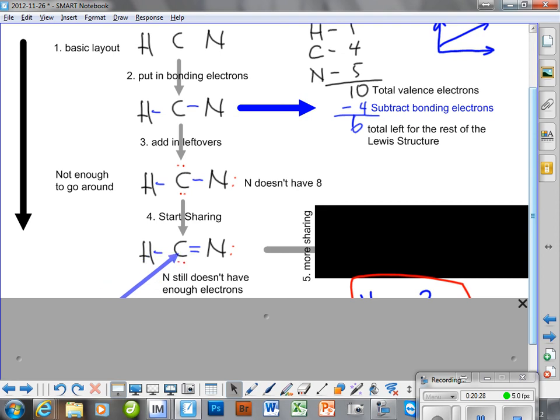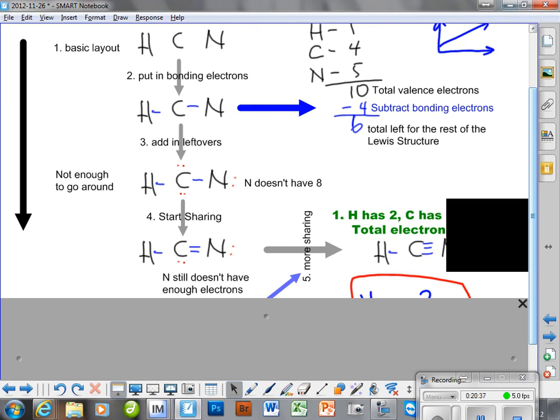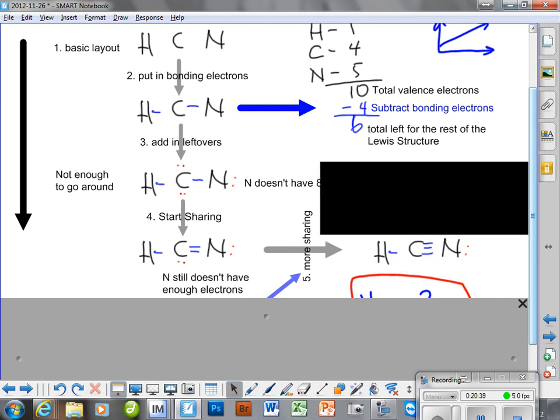So carbon's still happy as can be, but nitrogen needs more electrons. So more sharing. And as we go over here, we see that we have a hydrogen with 2. We have carbon now with 2, 4, 6, because now instead of having the 2 bonds here, this pair got put into the sharing position, which allowed nitrogen now to have 2, 4, 6, 8.